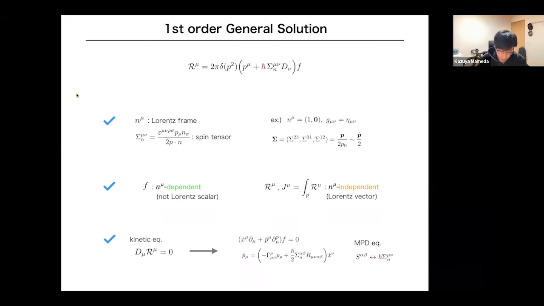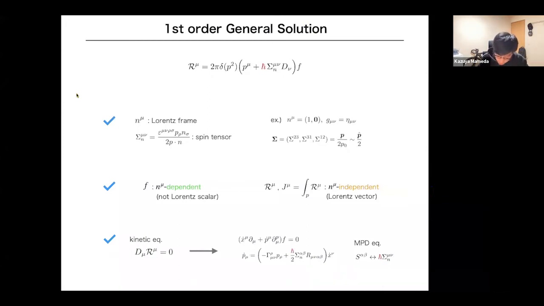As I said before, in the chiral kinetic theory itself, the distribution function f is not a Lorentz scalar. And reflecting this fact, f has an n dependence, and n is the so-called frame choosing vector.